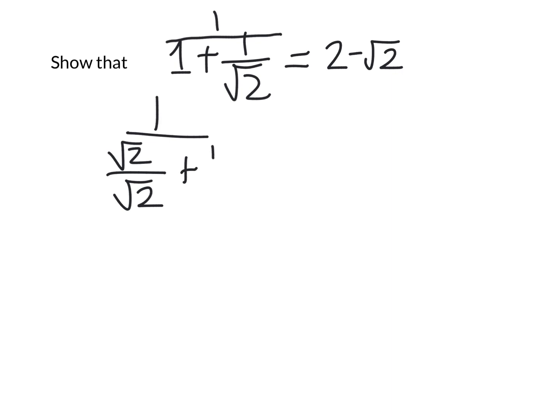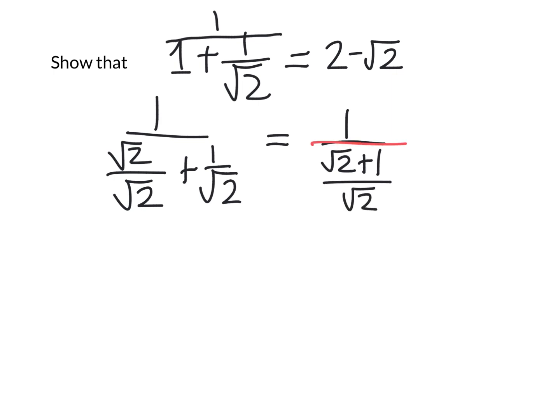Well, now you can see on the bottom that we have two fractions with the same denominator. So we can simply convert these into one fraction. Add the numerators, root 2 plus 1, keep the same denominator. So we have 1 divided by this.